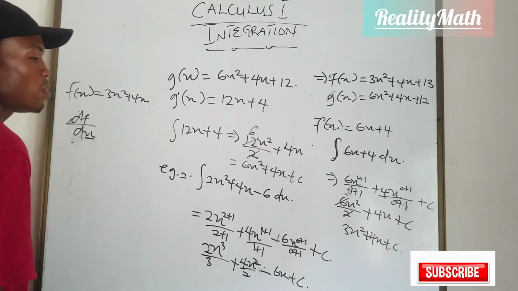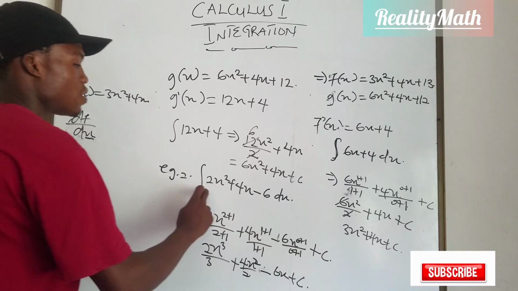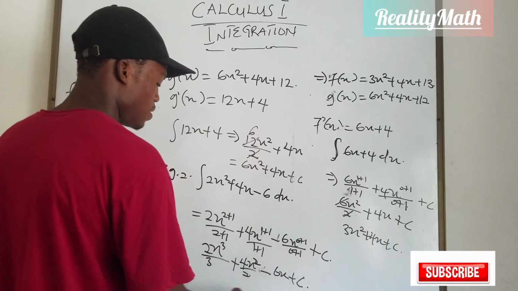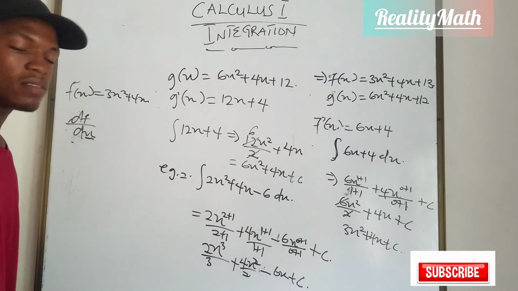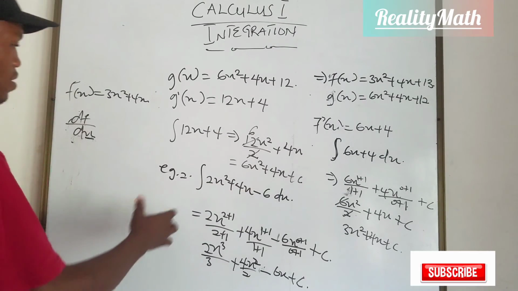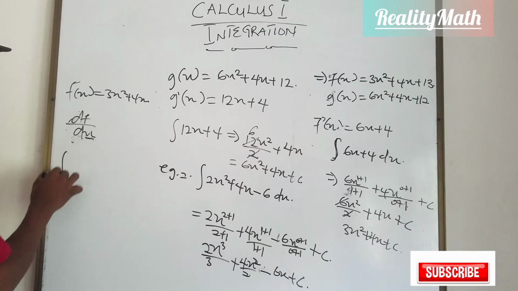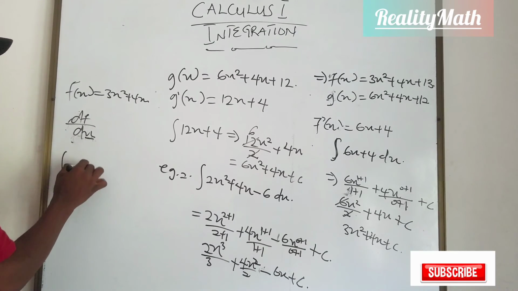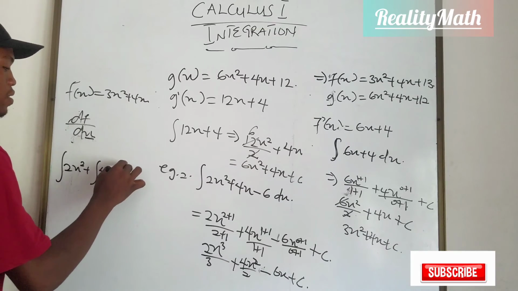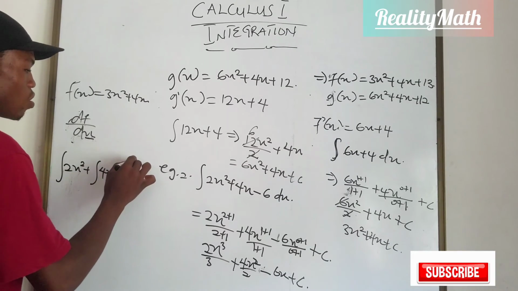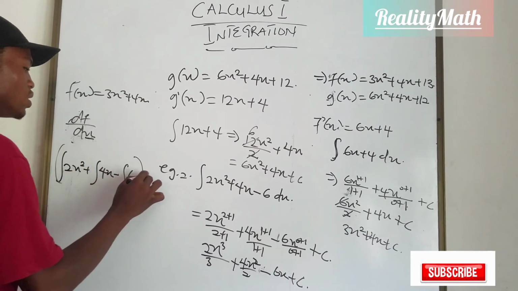Okay, notice that we've integrated to get this. Since the operational signs are plus and minus, it's still the same as doing it as the integral of 2x squared plus the integral of 4x minus the integral of 6 dx.